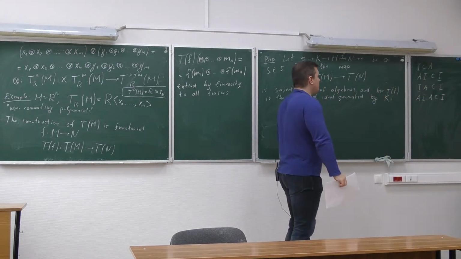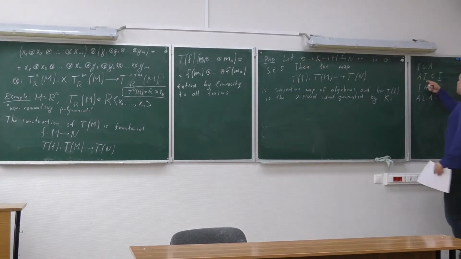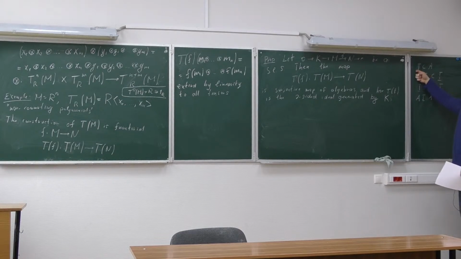So we have three definitions. The first definition, for example, means that this abelian subgroup will be a left submodule when you consider A as a left module. This will be a right submodule when you consider A as a right module. And this will be a bimodule if you consider A as a bimodule over A and A again.